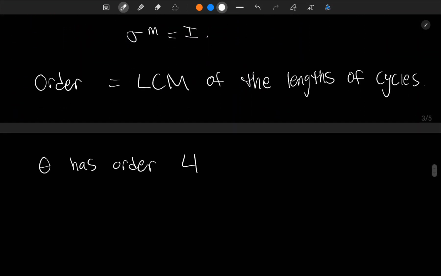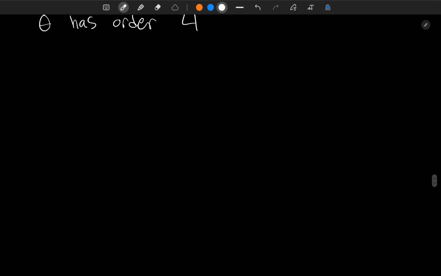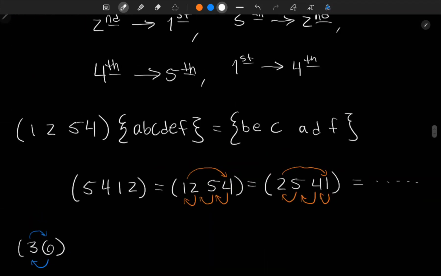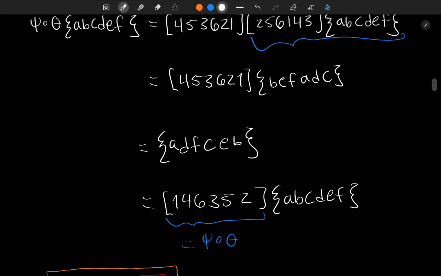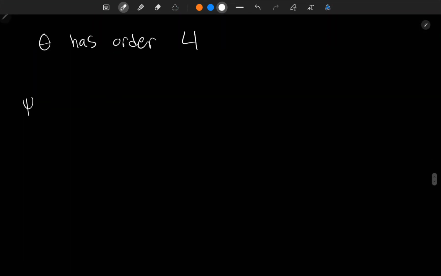Next, let's consider how we multiply two different permutations in cycle notation together. The way to do this is as follows. Let's consider psi as we had above. Before, psi was equal to 4, 5, 3, 6, 2, 1, or in cycle notation, we see that 3 is in the third position, so 3 is mapped to itself.